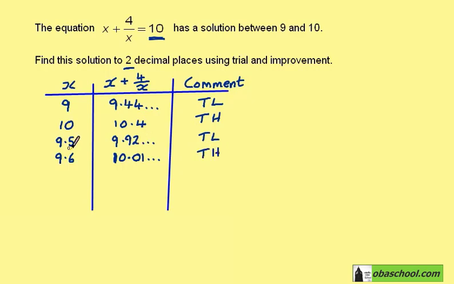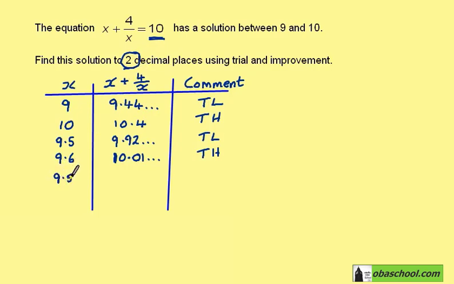This is higher than 10. So we know the answer is between 9.5 and 9.6. We want the answer to 2 decimal places, so we need to search between 9.5 and 9.6.